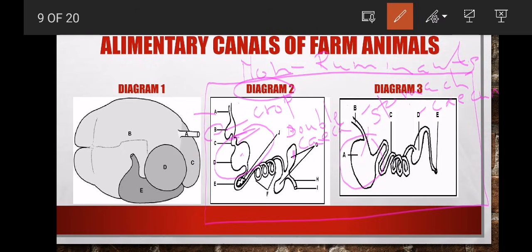What is the difference between the two structures? In a chicken, diagram 2, part G, it's a double caeca. It's in double. But when you look at part D here in a pig, it's just a single caeca.